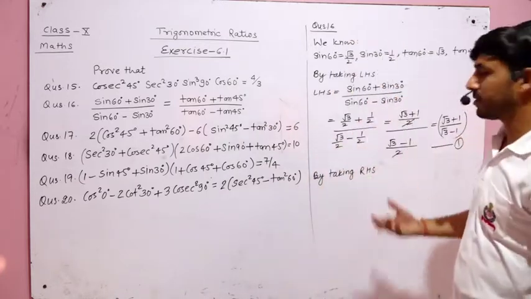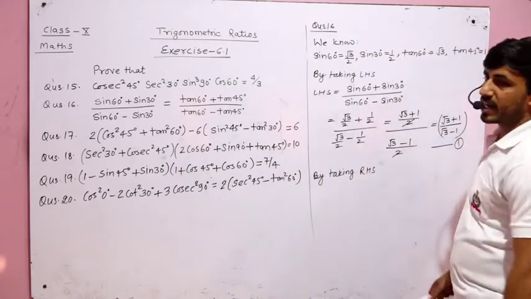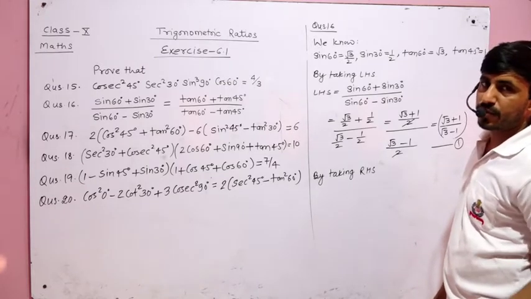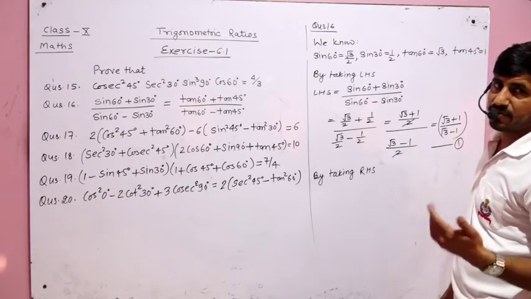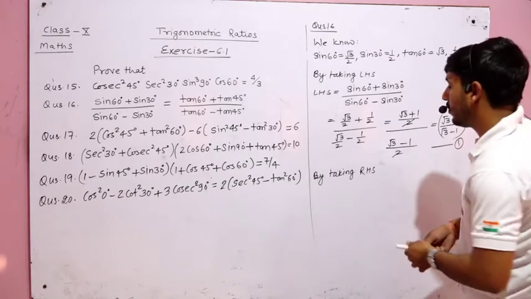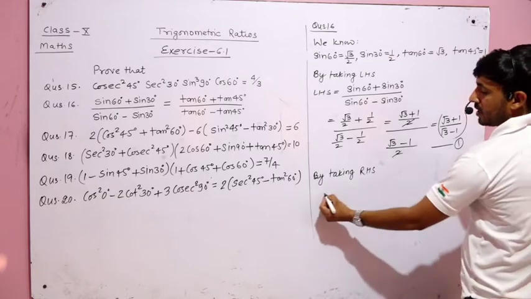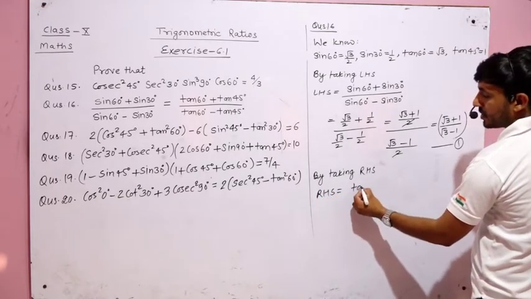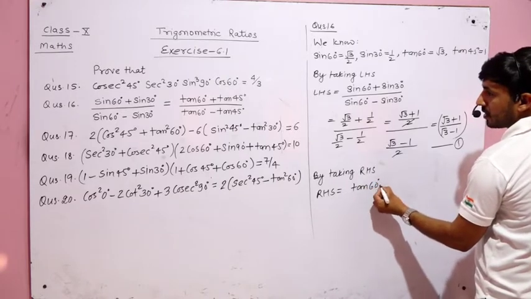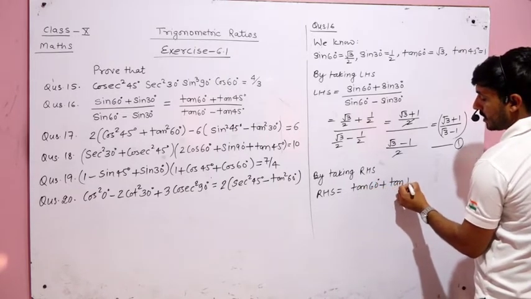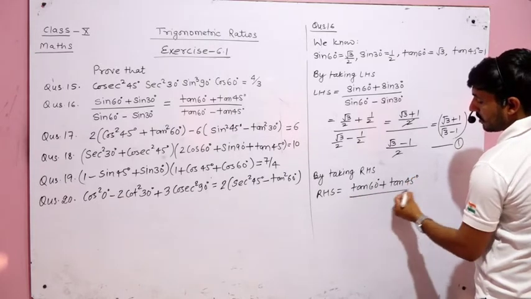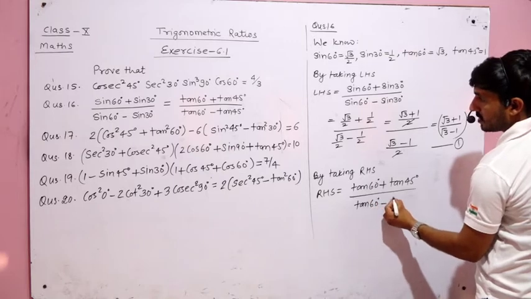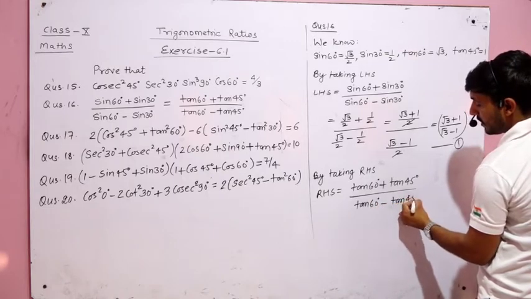But we are taking another method. We are taking both sides and we are going to find all the values of RHS and LHS, and then we will prove the value of both sides will be equal. Okay, then by taking RHS is equal to tan 60 degree plus tan 45 degree, divided by tan 60 degree minus tan 45 degree.